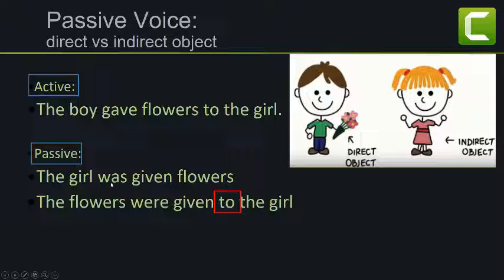The girl was given flowers, and the flowers were given to the girl. As you see, we have two objects. Flowers, it's a direct object, and the girl is an indirect object. So we use the sentence in passive in two ways.